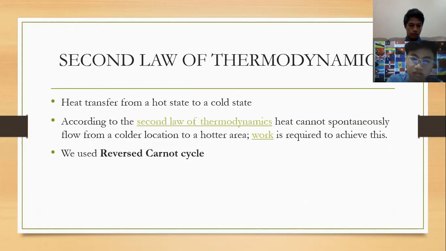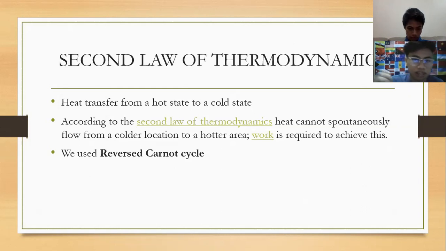A refrigerator or heat pump that acts on the reverse Carnot cycle is called a Carnot refrigerator or Carnot heat pump respectively. In the first stage of this cycle, the refrigerant absorbs heat isothermally from a low temperature source in the amount of lower heat. Next, the refrigerant is isentropically compressed and its temperature rises to that of the high temperature source.